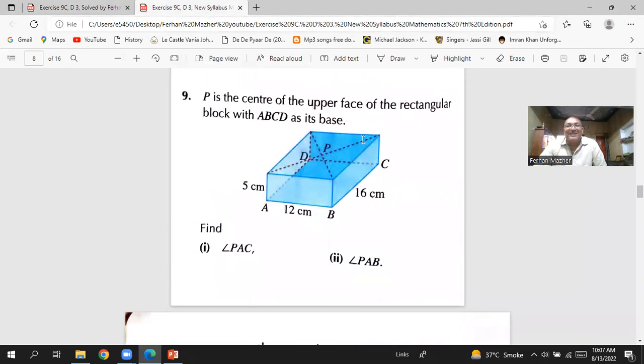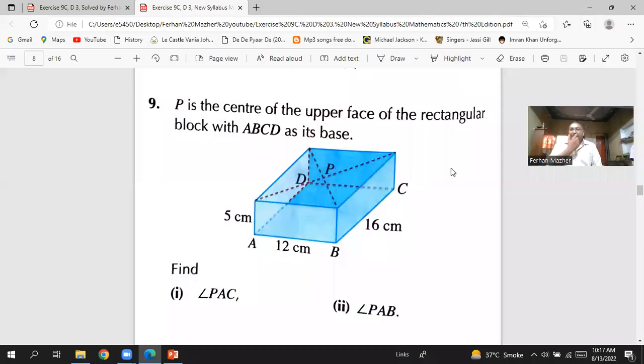The next question coming up on your screen is question number 9. So we are on the question number 9. The P is the center of the upper face of a rectangular block with the ABCD as its base. So basically this is like a room, or it's like a box, and the ABCD is the floor.